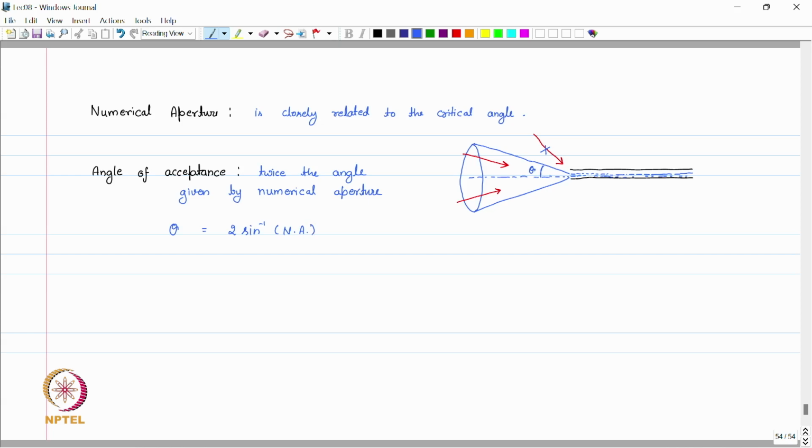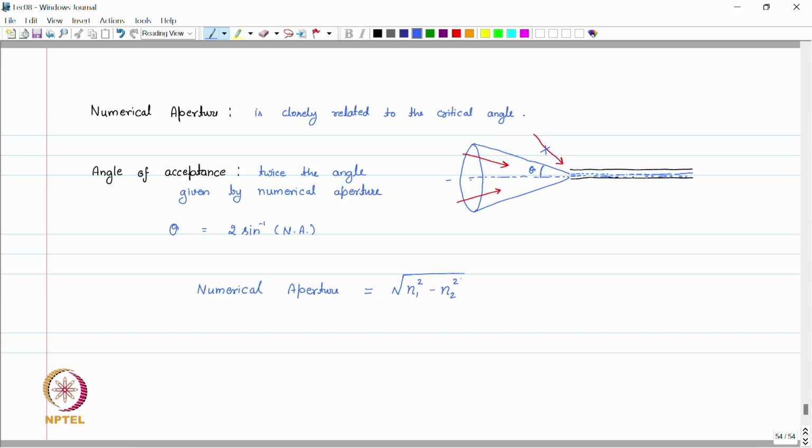So, this angle of acceptance is double of this angle what this cone actually is making at this horizontal axis, and our numerical aperture is given by under root n1 square minus n2 square.